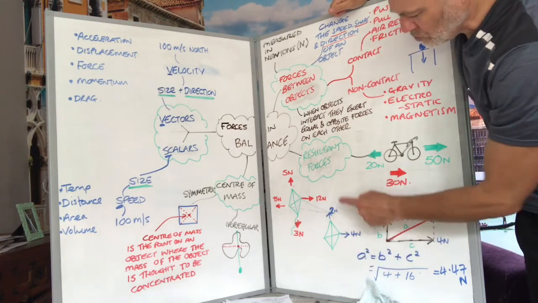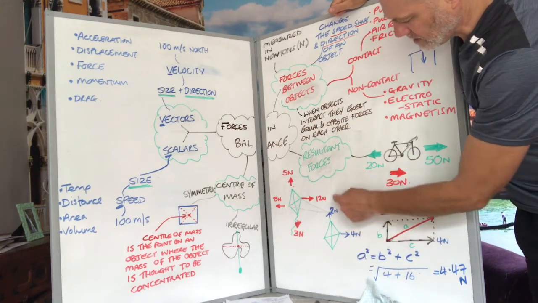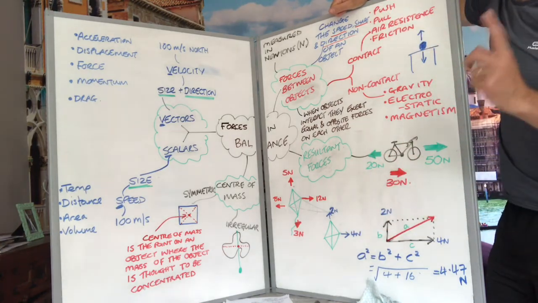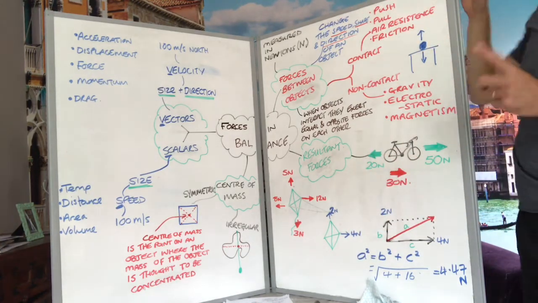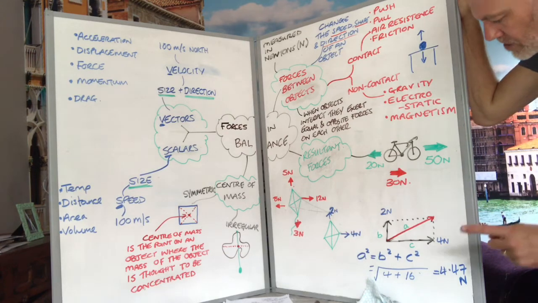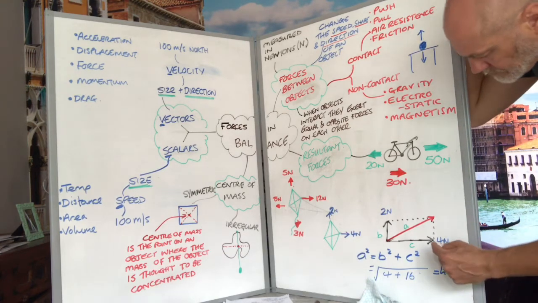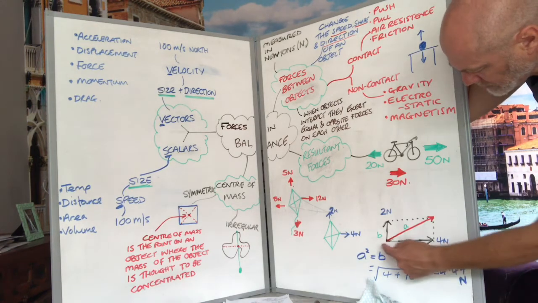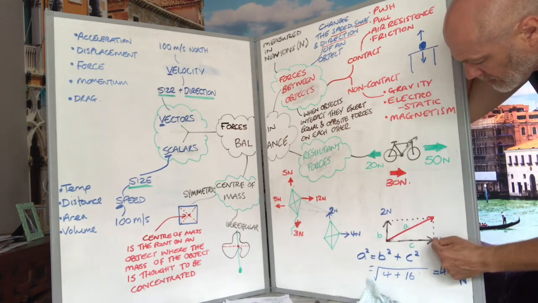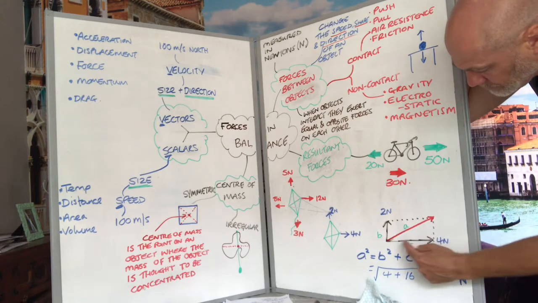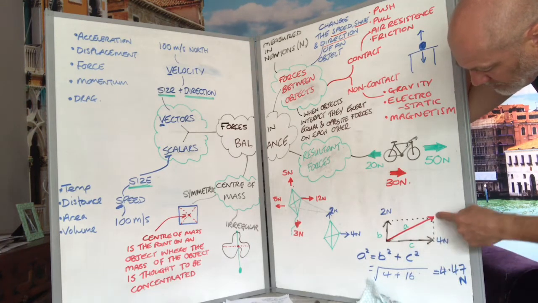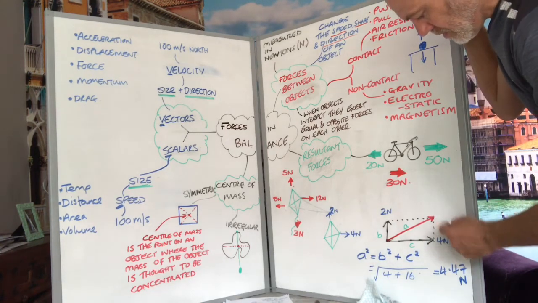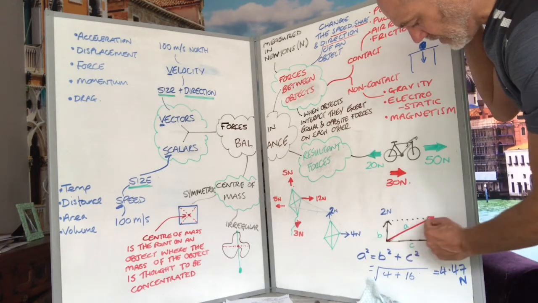So we have 2 overall forces acting, but we want to know the one overall force for this particular object. So the way we do that, we can draw this out to scale. So 4 to the right, 2 up. We have drawn out the rectangle here, and the resultant force is this red arrow here. So that gives us size and direction.